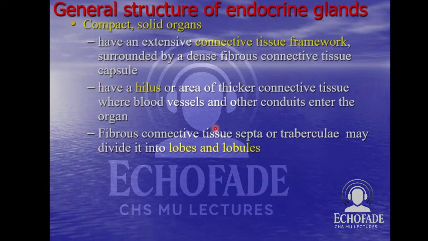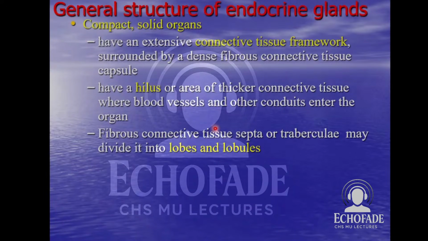That's a fibrous connective tissue, dense fibrous connective tissue. This is to protect the organ. That dense fibrous connective tissue penetrates into the organ either as a septa, if it's a very thin penetration, or trabecular. And this may divide the organ into lobes and lobules.